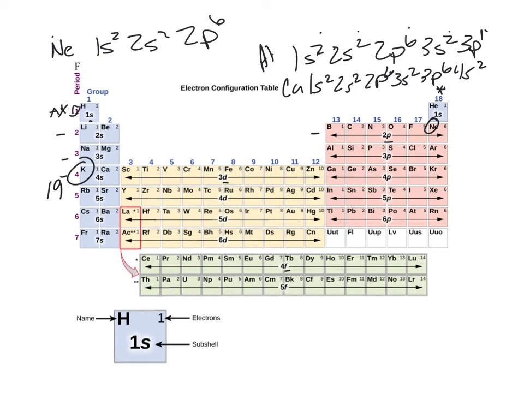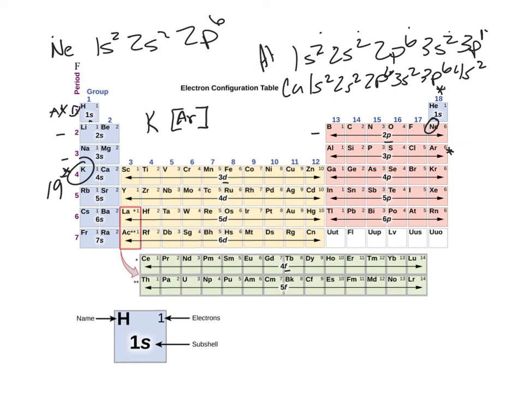So if I was going to write potassium, I'm going to write a K, because that's my potassium. And I know I'm going to go to the closest previous noble gas. That would be argon right here. This is my last noble gas that I hit when I started doing this whole thing. So I could write Ar, and then I start from right there.